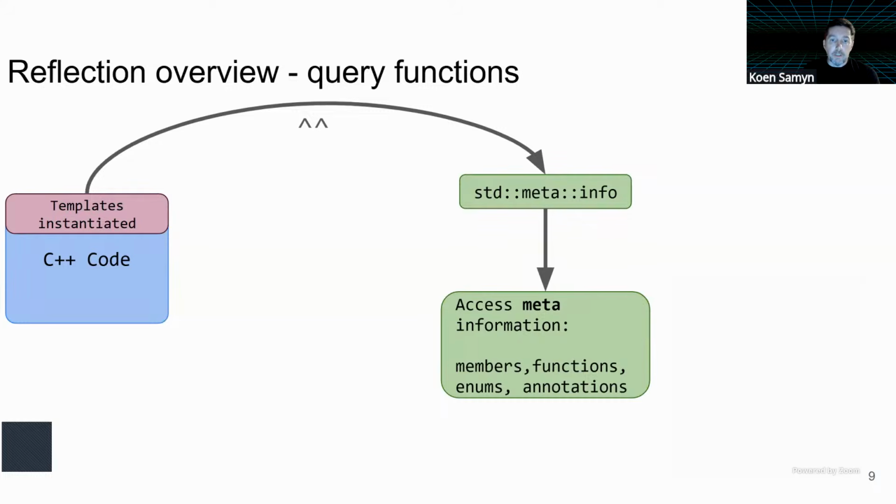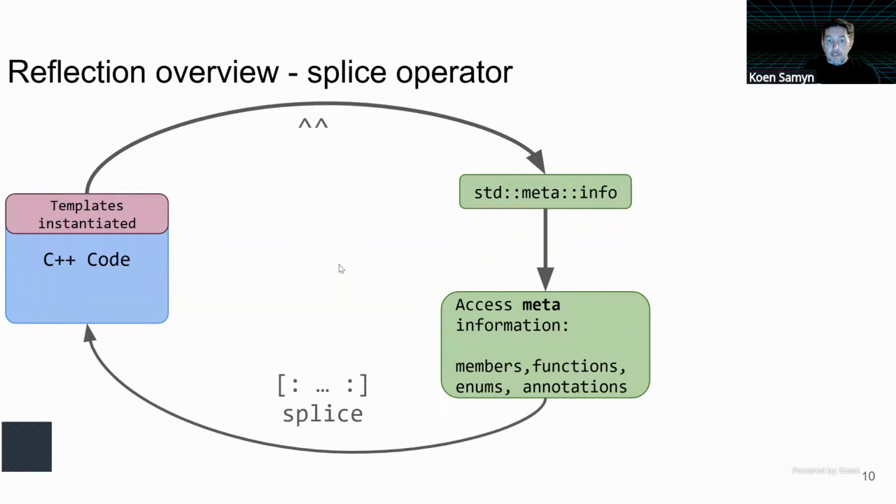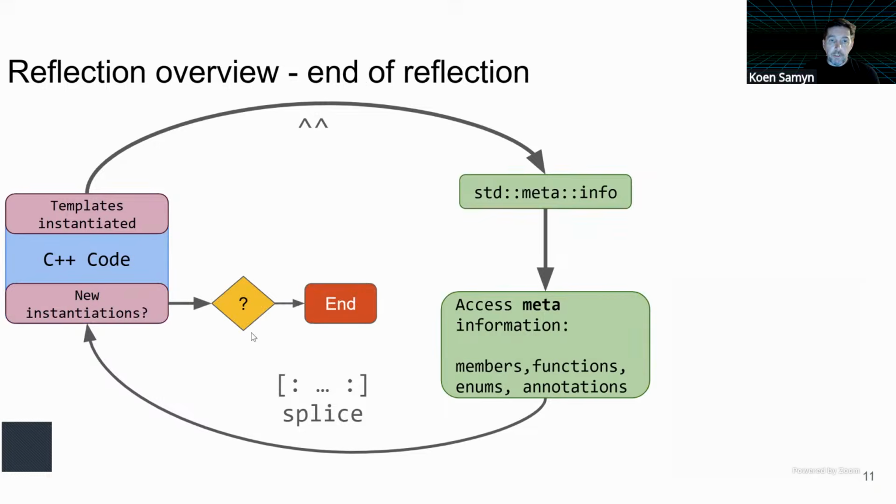and not during this taster. Then the special thing is it's a cycle. You reflect something, probably with the goal of reflecting it back into the C++ code. This, of course, can trigger a loop because that new code might also trigger new instantiations of templates, which might contain, again, reflection code.